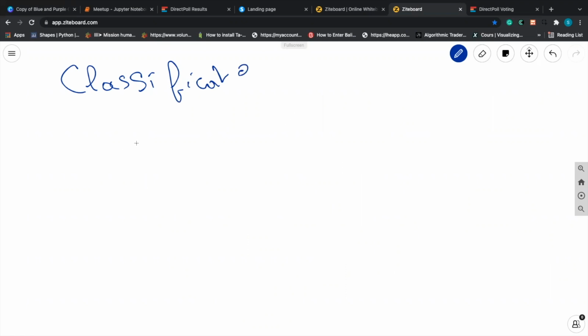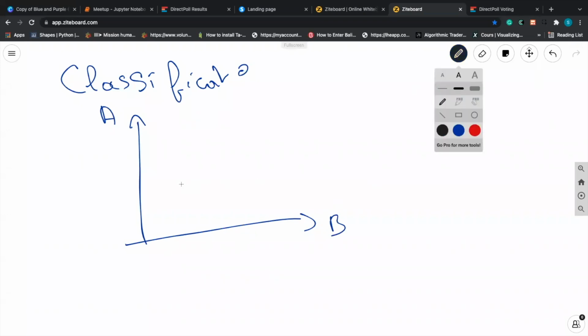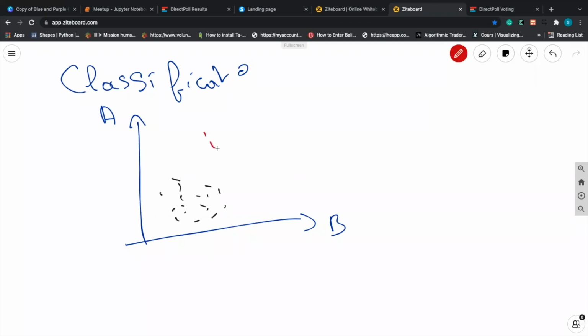For instance, let's take this situation. We have two variables, a variable A and a variable B. Within these variables, let's say we have different types of data points. Here you have one type of data points, and up here we have another type of data points. And as you can see here, the boundary is quite obvious.